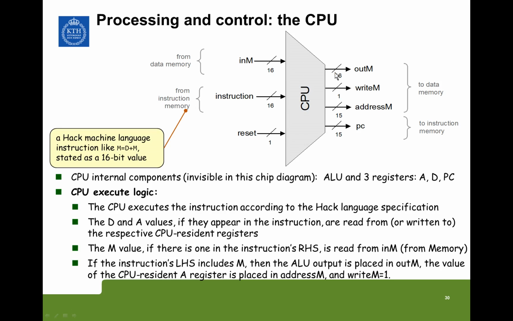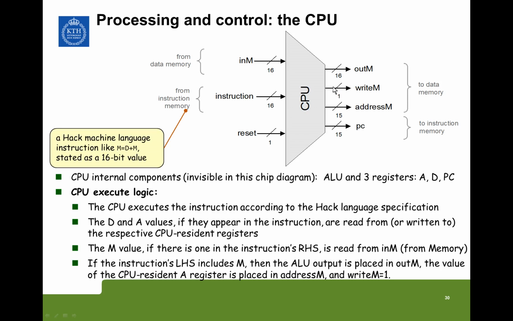The outputs of the CPU are the program counter, which can be incremented, can be set to 0, or can be changed according to a jump instruction, and then information to write the memory.